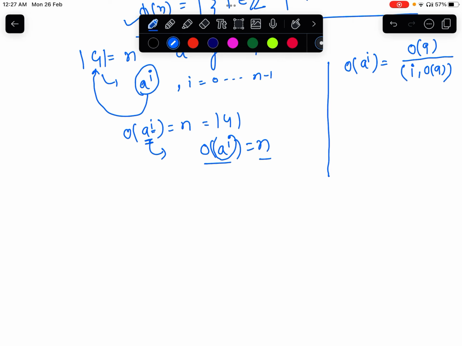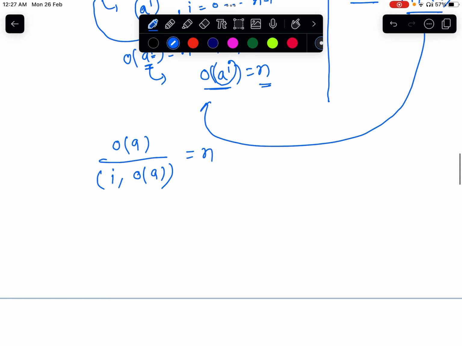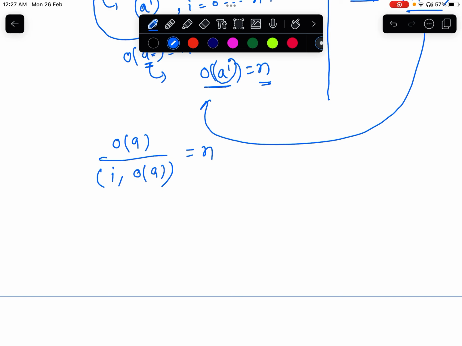So how many such a^I are there? So let us find. If order of a^I is equal to n, so put order of a^I from there. So order of a divided by GCD of I and order of a is equal to n, and order of a is equal to n because a is the generator.